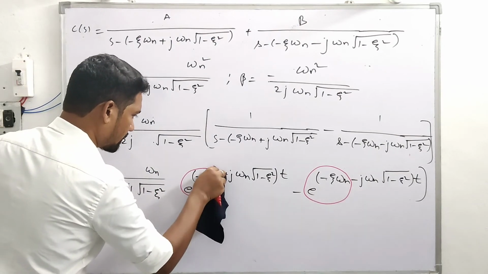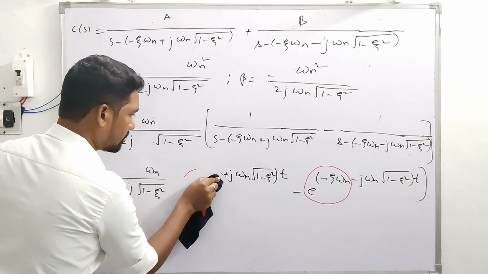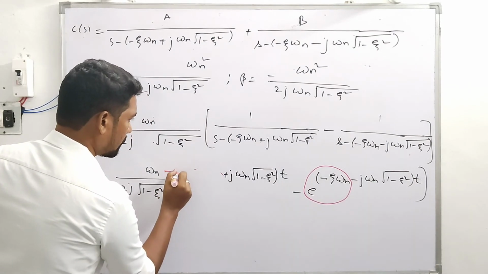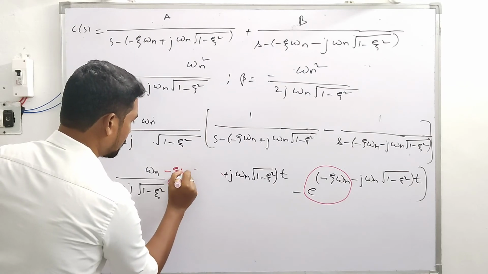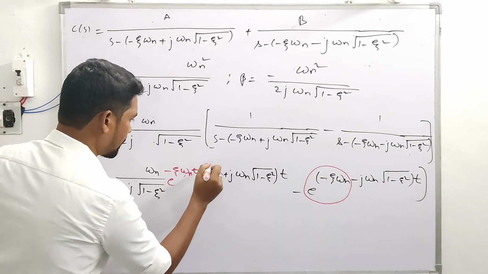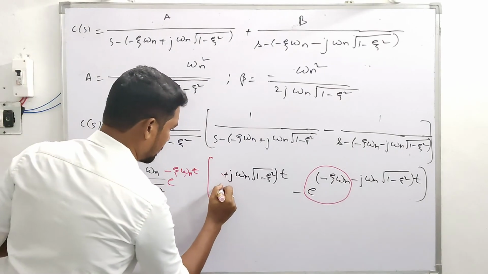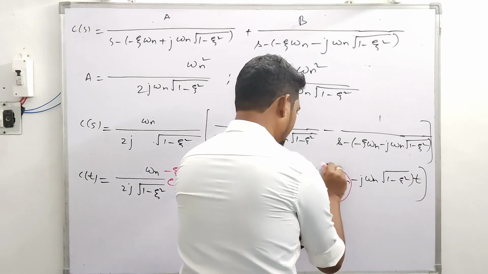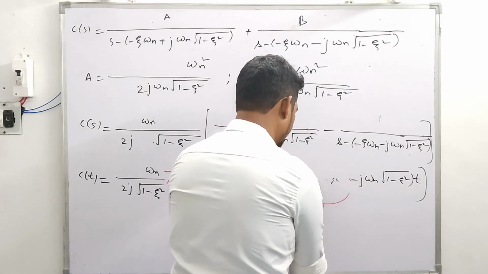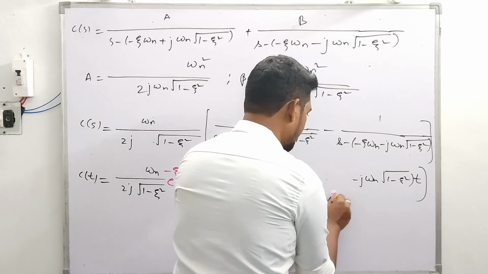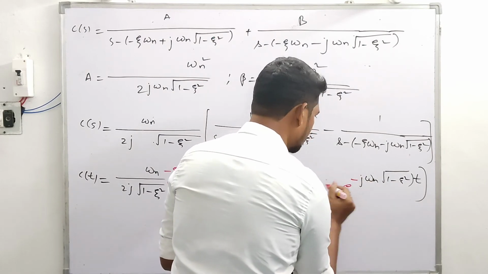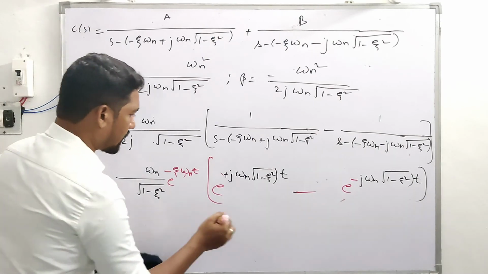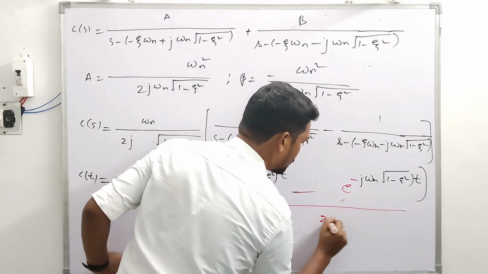So this one, what is that? e raised to minus zeta omega n into t as common from both the terms, so we'll be having the exponential as it is. We don't have this, this is taken out, we have only that exponential, and also this 2j can be written over here, 2j.